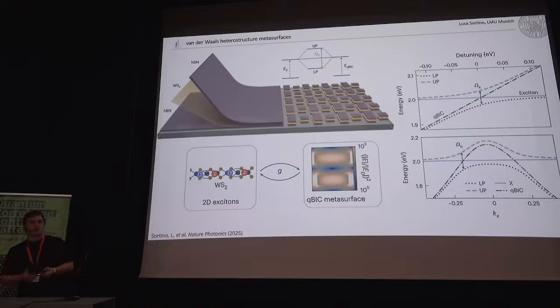And since HBN is very well known to be an encapsulating material for 2D materials, what we did as a first example was to encapsulate a monolayer, so a single layer of tungsten disulfide, which sustains in-plane excitons, and then wanted to see the coupling with this quasi-BIC cavity, which, by the way, has negative dispersion in energy compared to common DBR cavities where you have a positive parabolic dispersion. And this is quite interesting because it might be also a new way to engineer exciton polariton landscapes somehow.